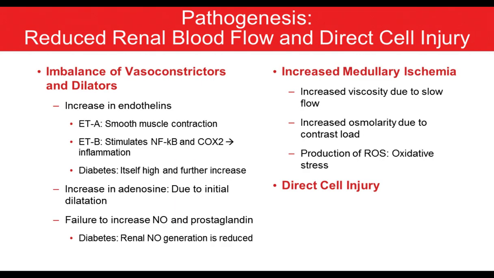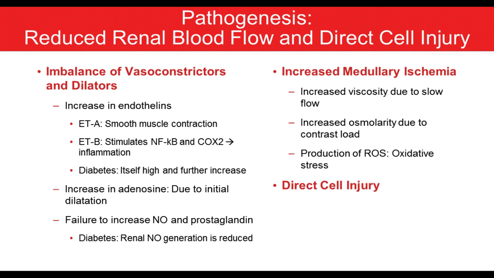So to summarize the pathogenesis of contrast-induced nephropathy, there's reduced renal blood flow, and direct cell injury because of the imbalance of vasoconstrictors and dilators, with an increase in endothelin, causing direct smooth muscle contraction, and then endothelin stimulates NF-kappa B and COX-2, causing more inflammation. And in diabetic patients, they already have high endothelin, and now on top of that, you give contrast, there is a further stimulation of endothelin.